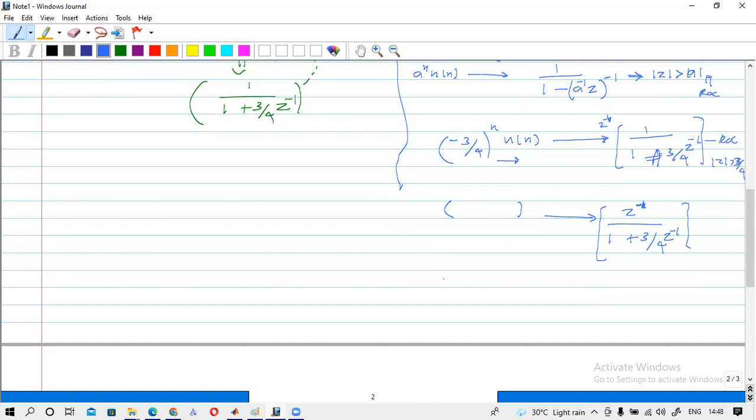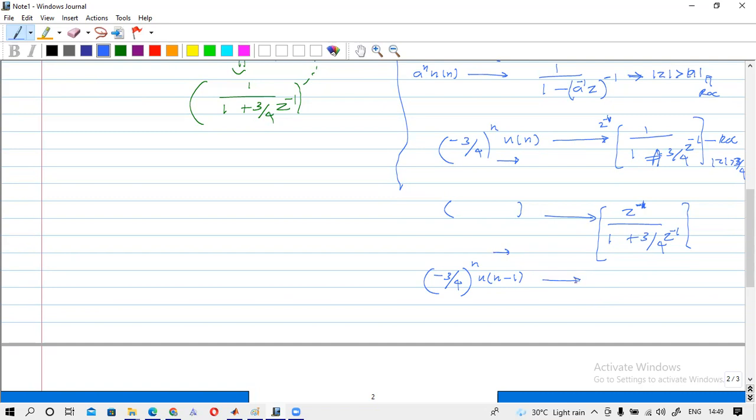So I just get one time shifting to this way.